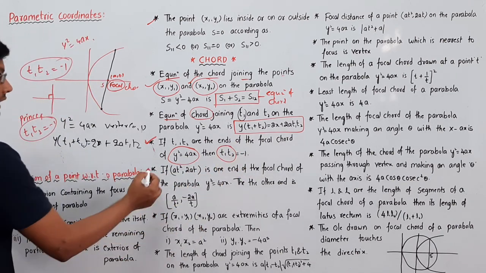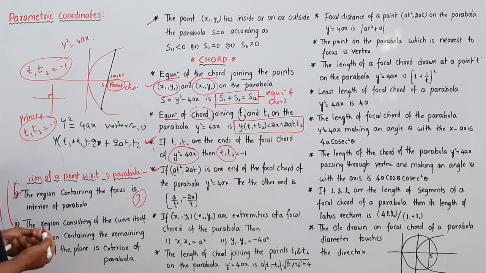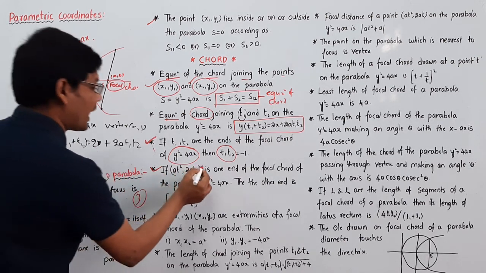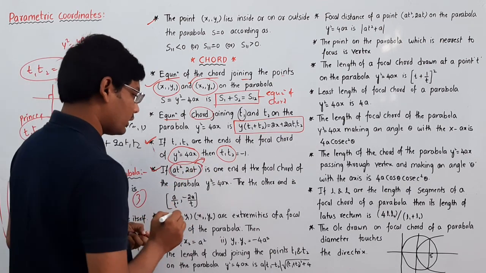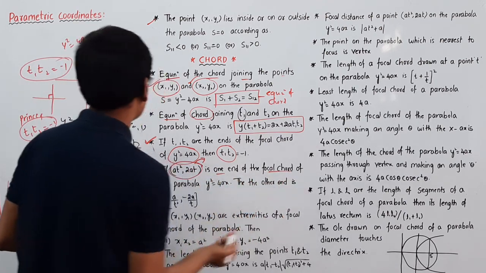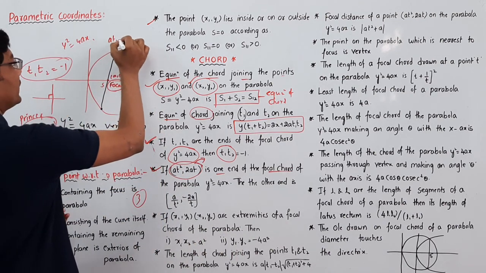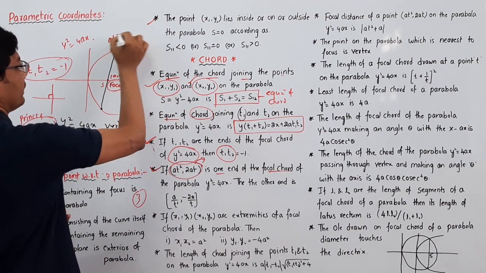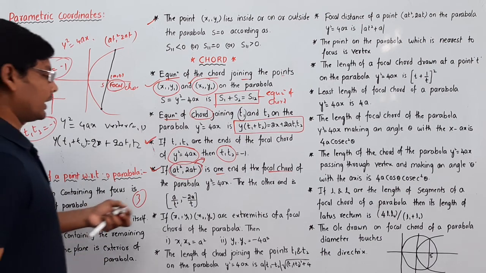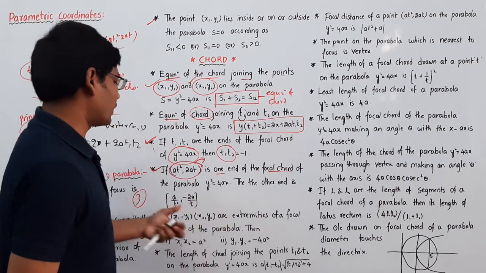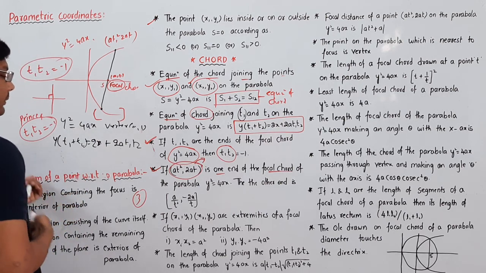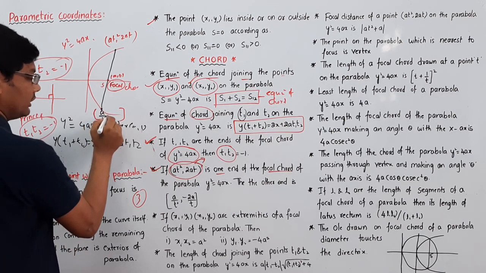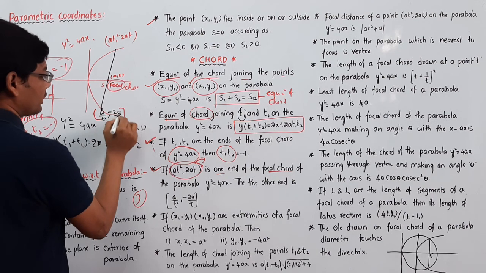The next point is, if at square comma 2at is one parametric form of a coordinate point of the standard parabola, and it is one end of the focal chord, then the other end of the focal chord will be a by t square comma minus 2a by t.